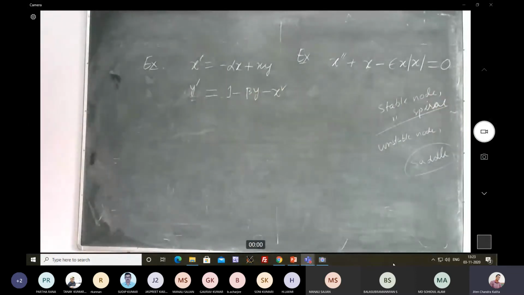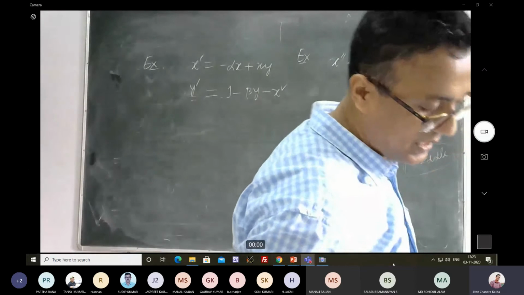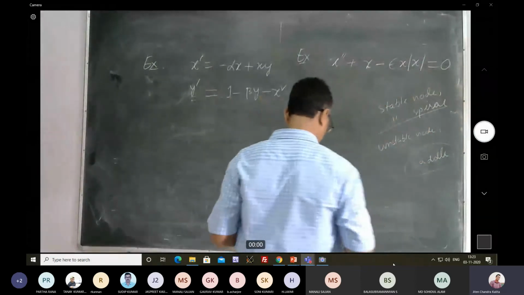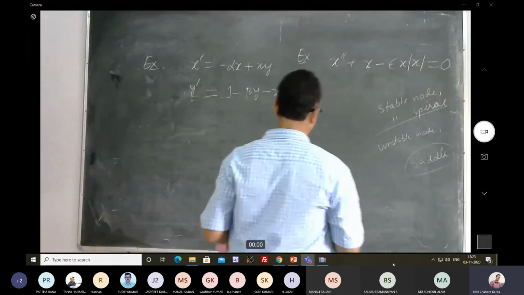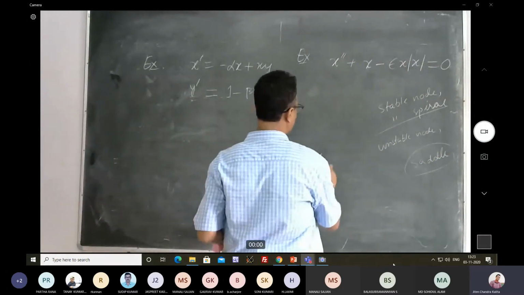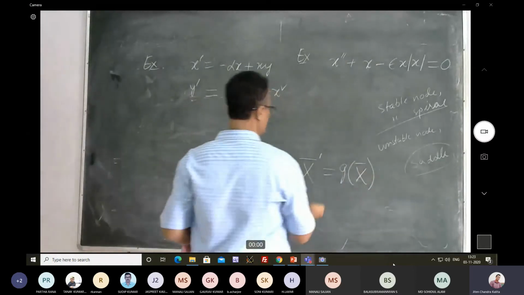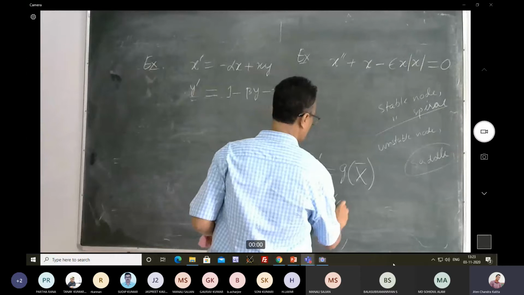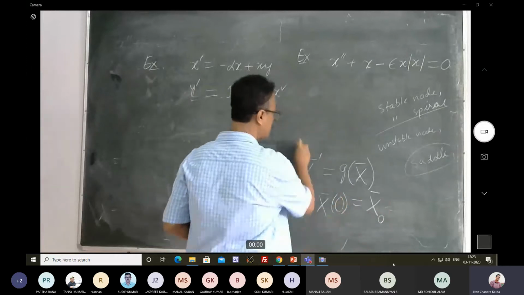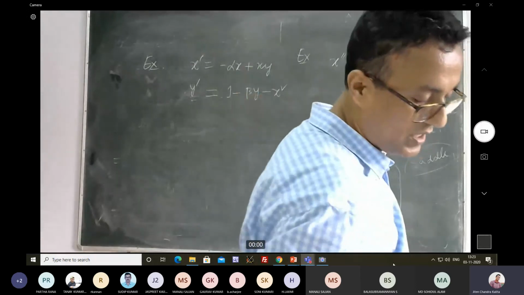Okay, so the question here is you have to prove that this is a dynamical system, and again see dynamical system is nothing but whenever you consider a system like this, non-linear, under prescribed initial condition, these constitute a dynamical system. Okay, so they are calling it a dynamical system.